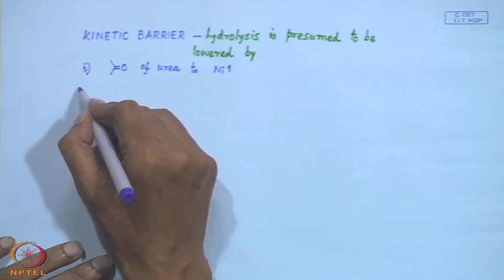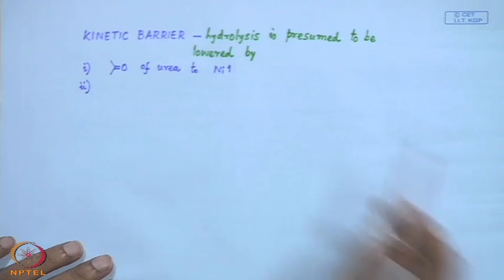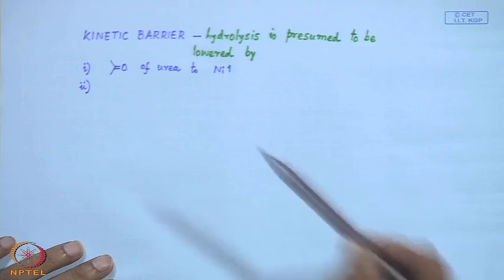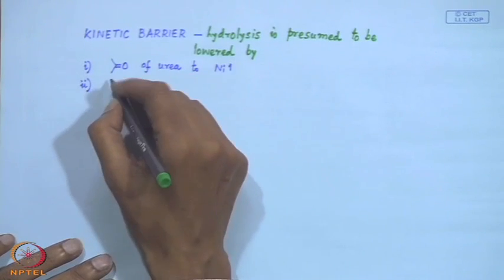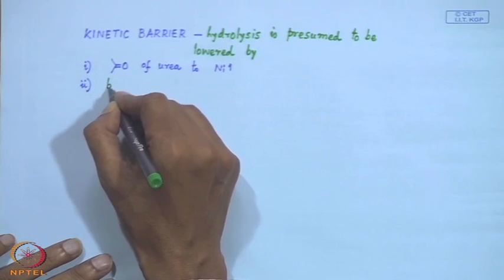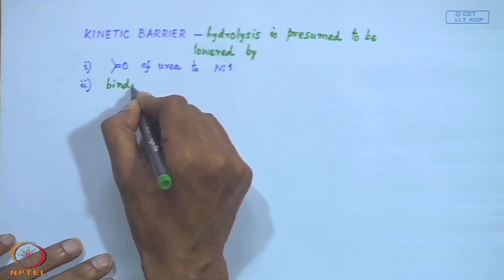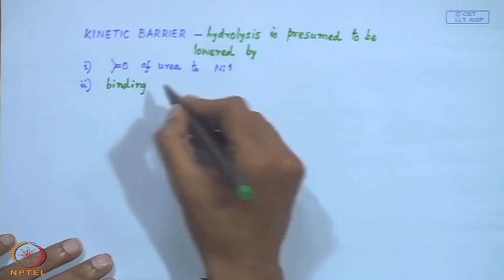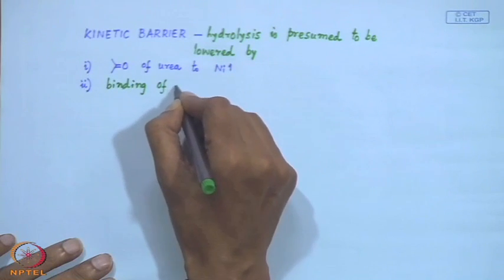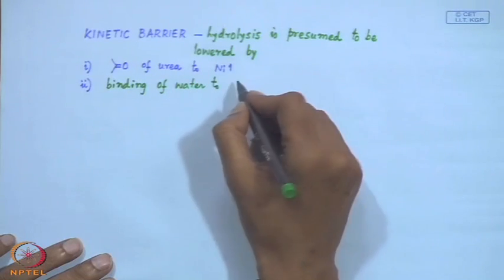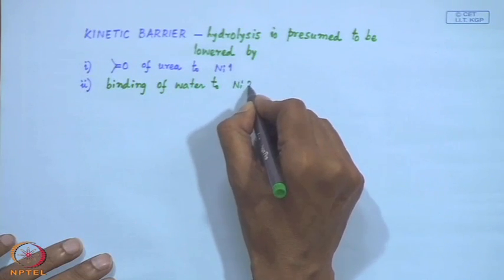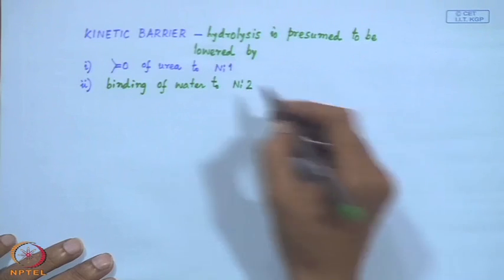And the second step is the corresponding binding of water, which is required for the nucleophilic attack. So, binding of water to the second nickel, not the same one, that is important.